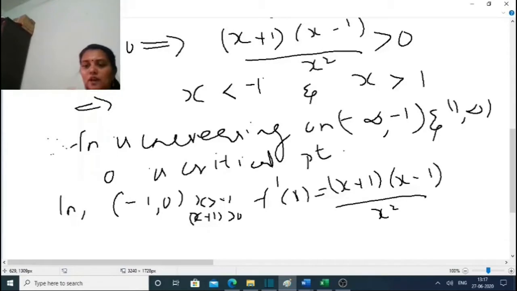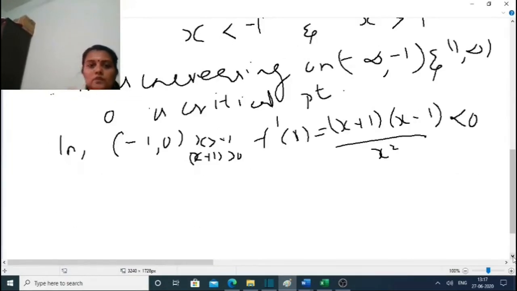If we take an arbitrary value, -0.5, this value will be -0.5 plus 1. The first factor is positive, the second is negative, so this will be less than 0. So in (-1, 0), the function is decreasing.